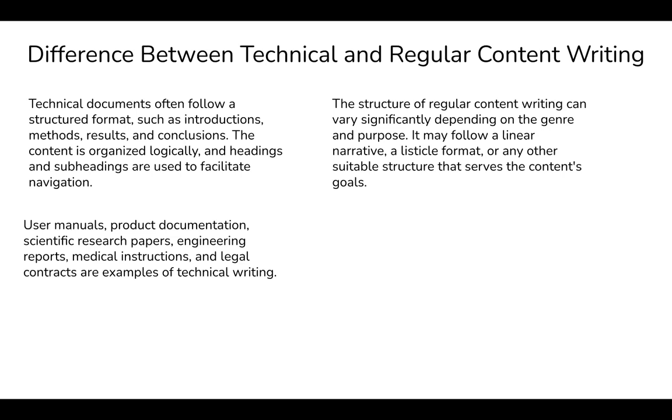For example, if you are building a med tech application, you have to hire a technical person to write the scientific research papers that are going to guide the developers to understand how they should build the application. It is the same for medical instructions and legal contracts.